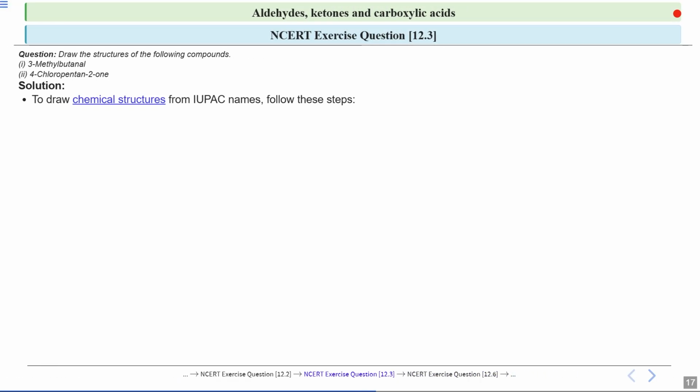If we have to draw the chemical structures, we have to follow the general IUPAC format. First, you have to identify the parent chain. This means finding the longest continuous chain of carbon atoms, or the main ring if it is a cyclic compound.